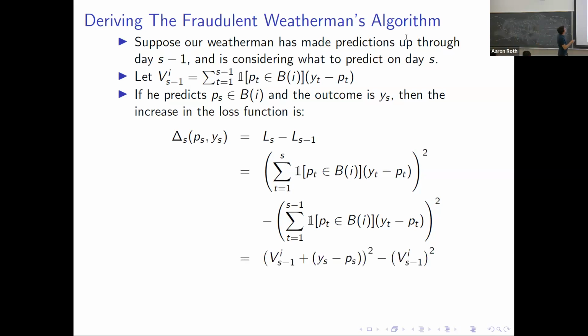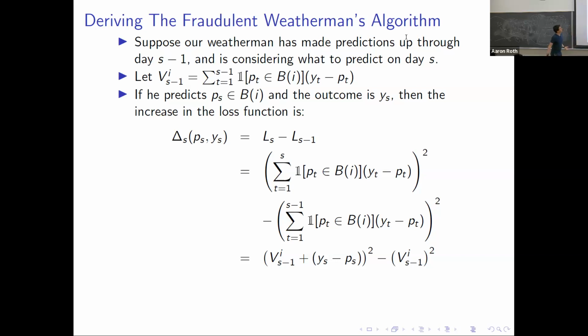And remember, we've got this notation now for the calibration loss in bucket I up through and including yesterday, not including today. And so the calibration loss including today is just my calibration loss in bucket I up through yesterday, plus the additional term that comes from today's outcome, the difference between my prediction and the outcome, all of that squared.